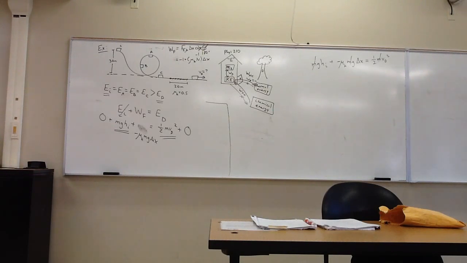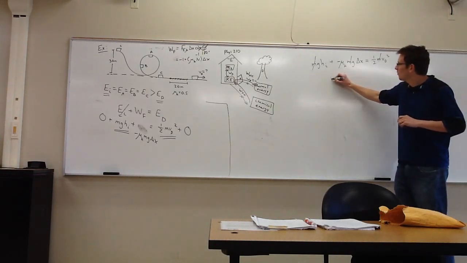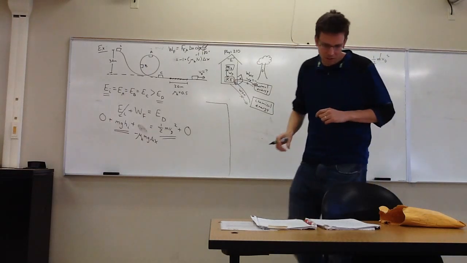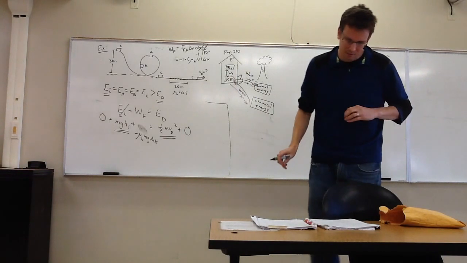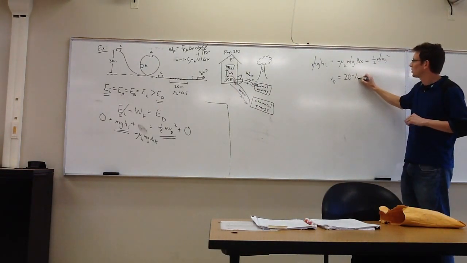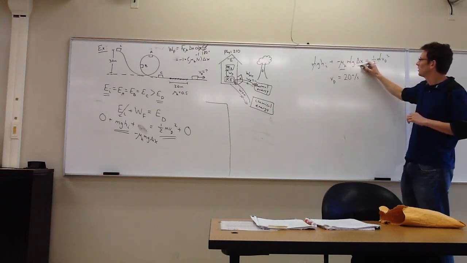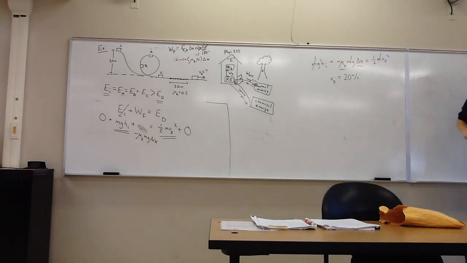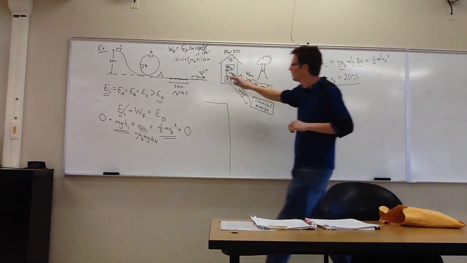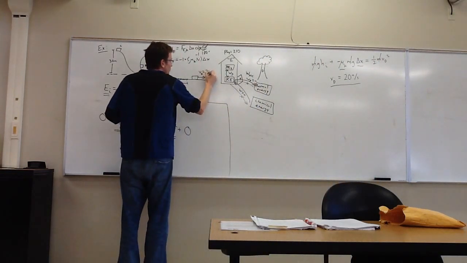You can't, of course, cancel it until it's in every term. Solve for the final speed. And that final speed, make sure you can get, is 20 meters per second. Of course, you were given UK, you were given delta x, you're given the initial height. So you're going 20 meters per second after you've slid through there.